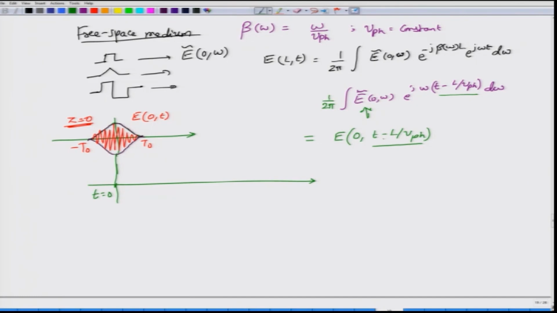Now, to get the same pulse center here, you need to make t equal to L by VPH, and therefore, the pulse center has simply moved to this distance, which is L by VPH, and this delay is what we call phase delay. Luckily, every frequency component that makes up the pulse will experience the same delay, and therefore, arrive at the output at the same time. That is, the entire pulse would arrive without any change in the shape.